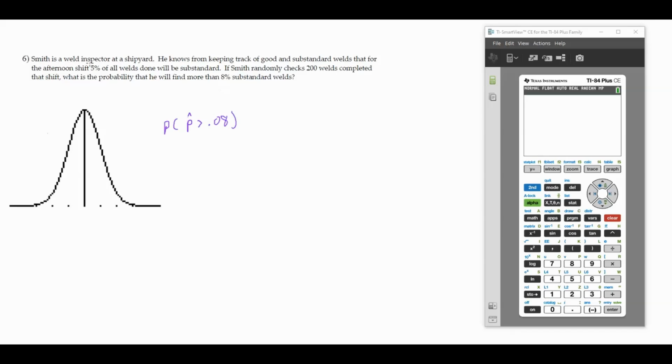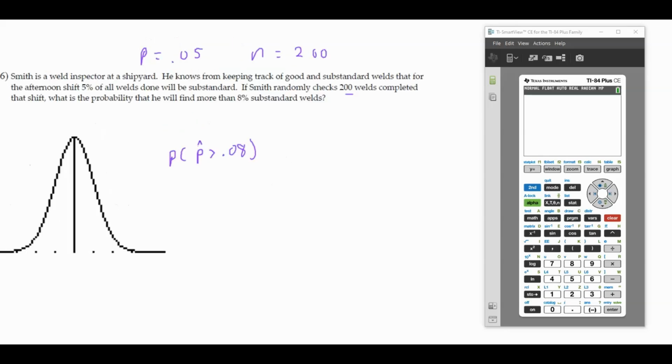So we're told that the population proportion is 0.05. We're told that n is 200. So I want to know the distribution of p hat.